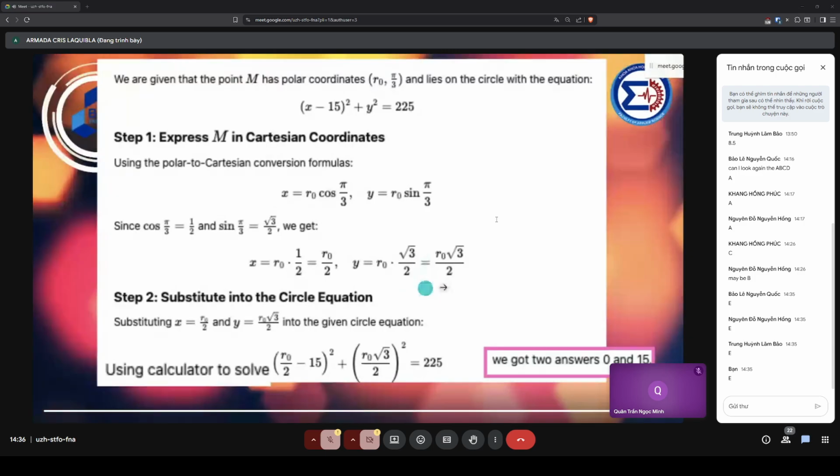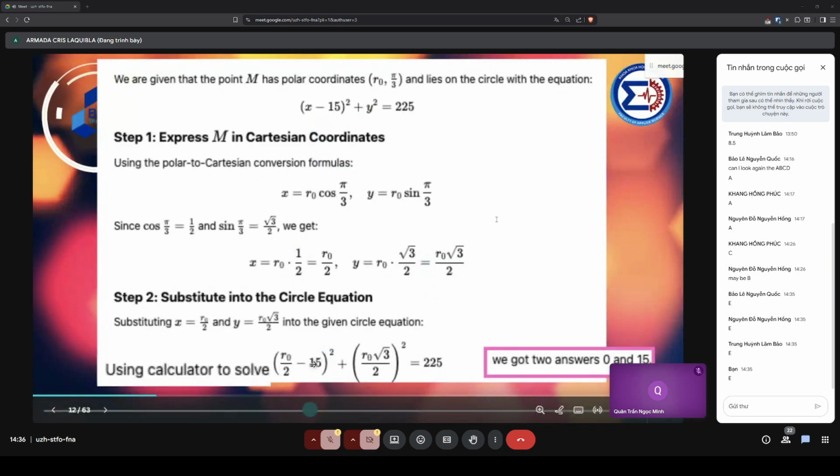So I've told you, you substitute it there in your X and Y there now. So we have there your X becomes R sub 0 over 2 minus 15 squared, plus your Y there is R sub 0 square root of 3 over 2 squared is equal to 225. Now, since your calculator has no R sub 0 there, I have told you you can use X in your variables in your calculator, right?